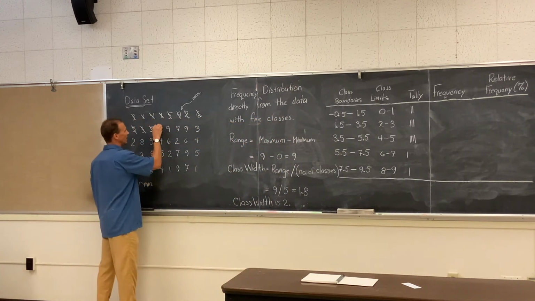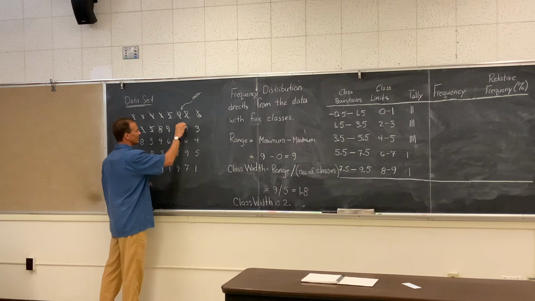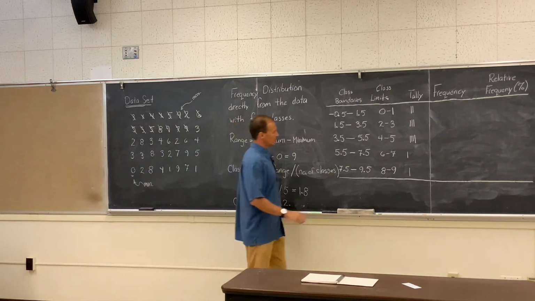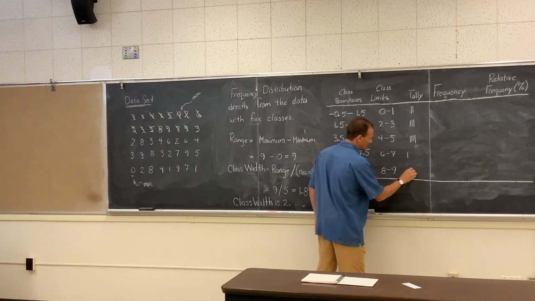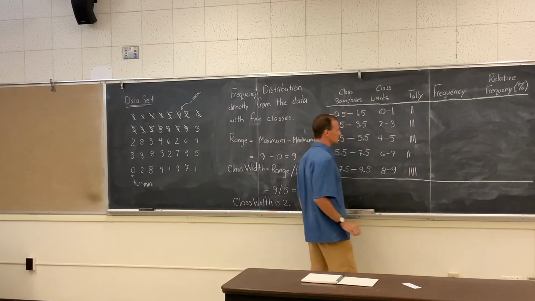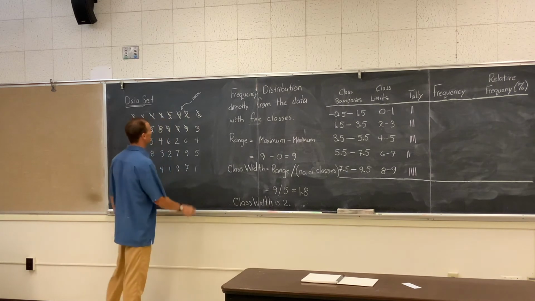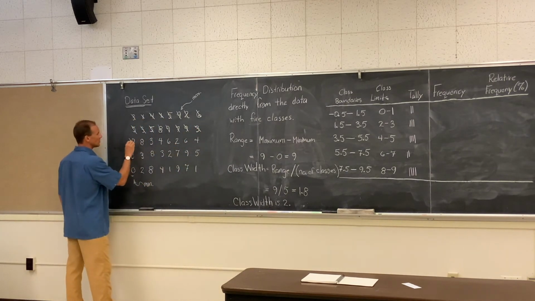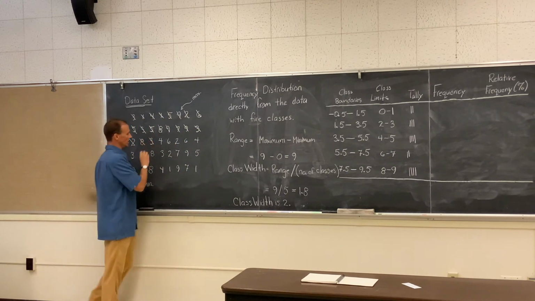I have an 8, 9, 7, 9. Then I have a 3, 2, 8, 3.